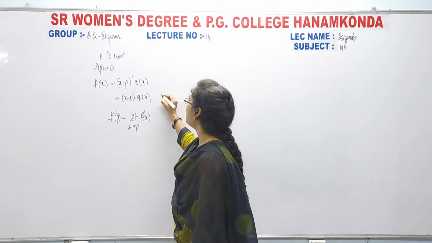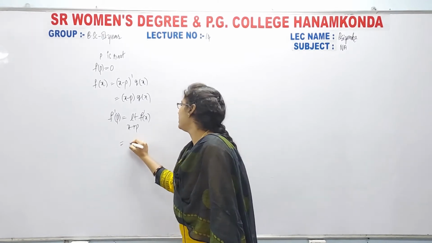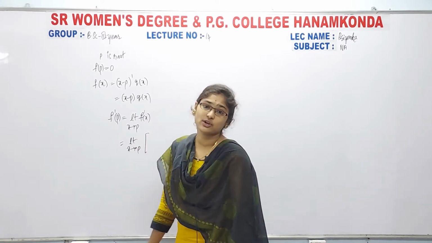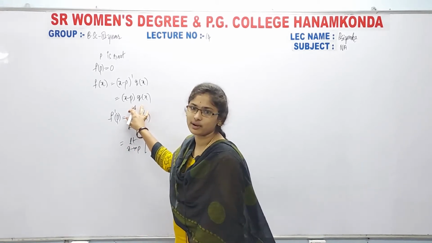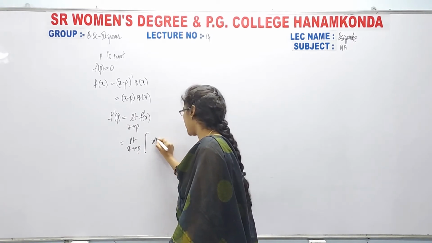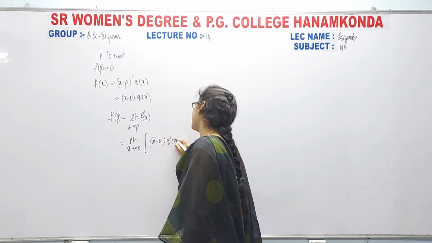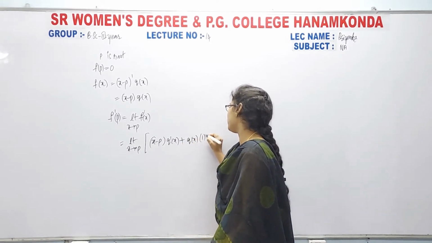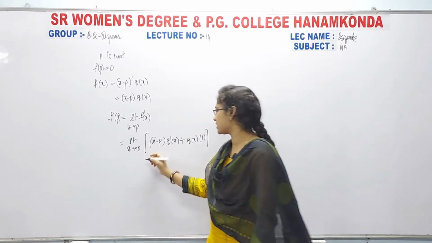Now the limit as x tends to p of f dash of x. We have to consider the u into v formula. So what we get is x minus p into q dash of x plus q of x into 1, as x tends to p.